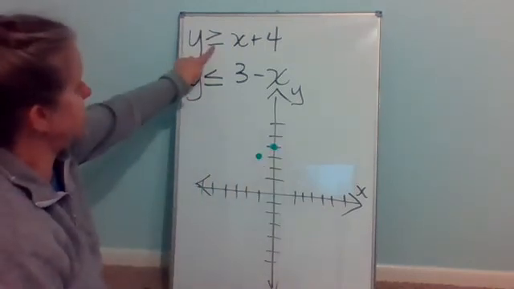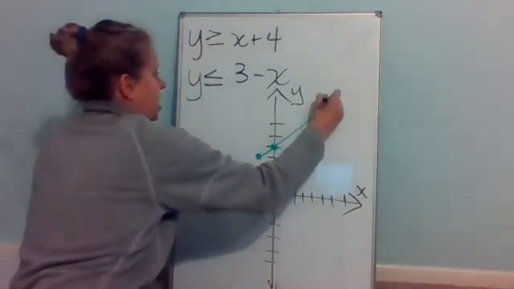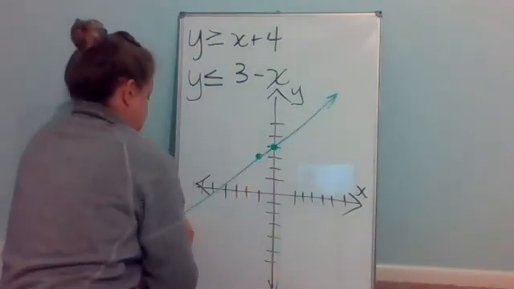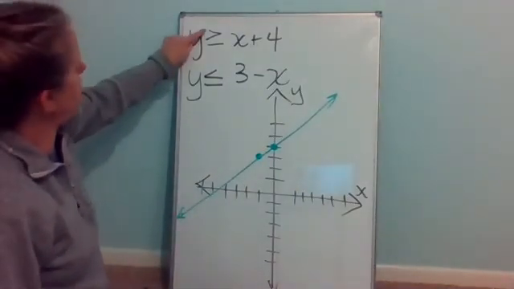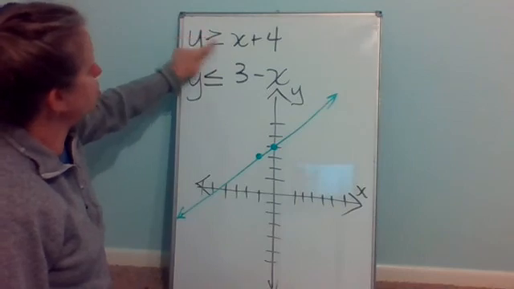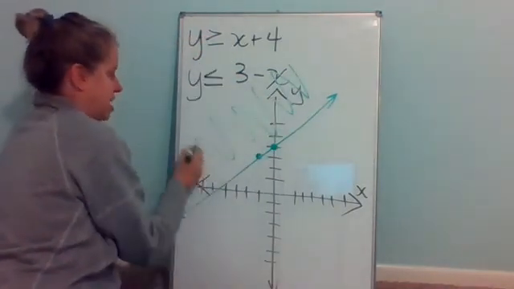So let's see, since it does have the equal to bar, that means I'm going to connect it with a solid line. And let's see where this is shaded. It wants you to shade where the y values are greater than this line, which would mean above that line.